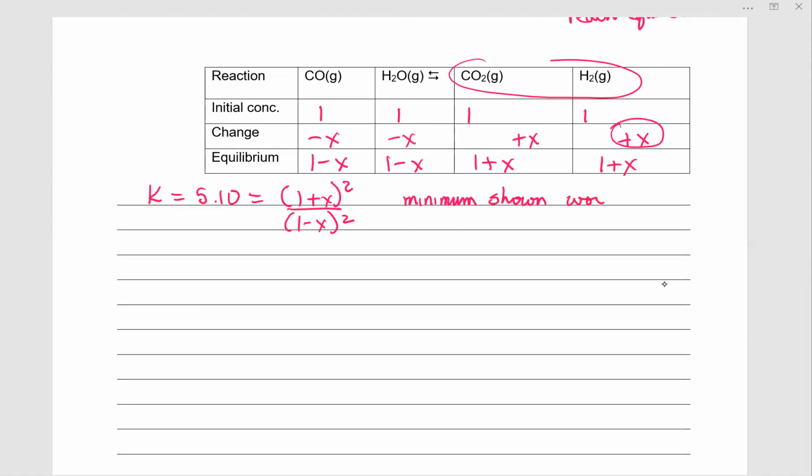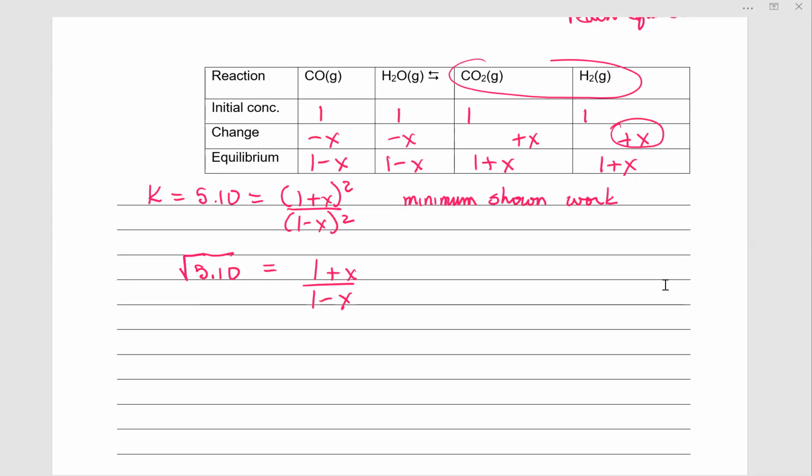Some of you will get to the point where you won't need to do the ICE table, but you still need to show this as a minimum. And then we've got perfect squares on both sides. So we take the square root of 5.10, which is equal to 1 plus X over 1 minus X. And I leave you to finish that one up on your own.